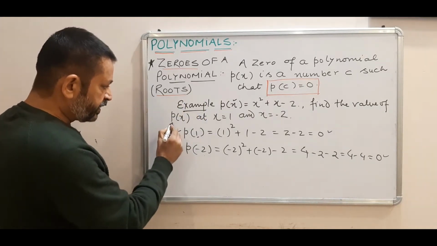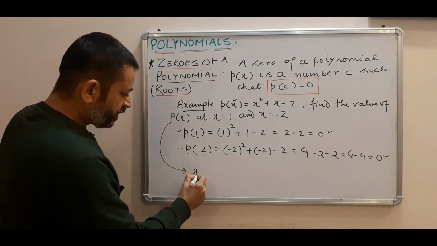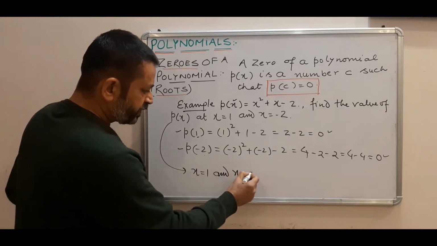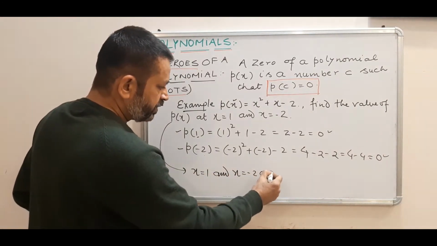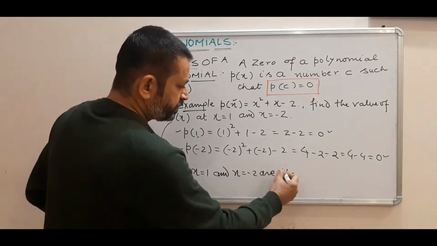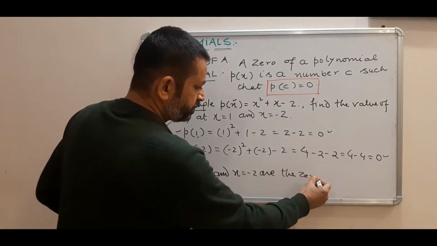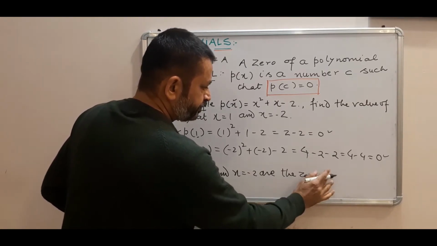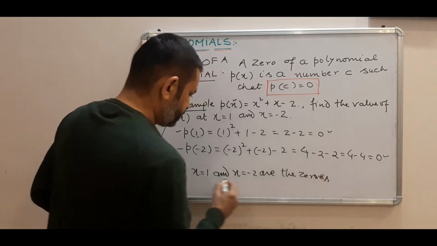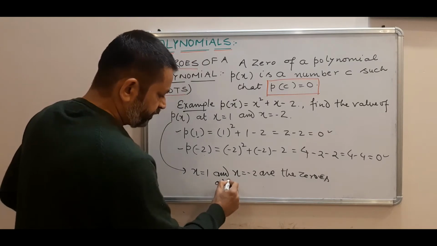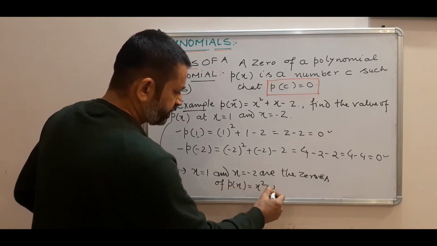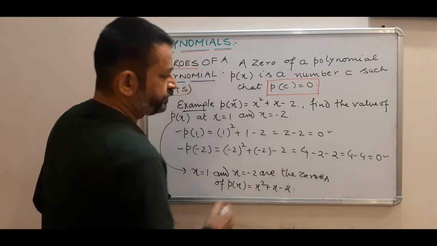So here in this case x is equal to 1 and x is equal to minus 2 are the zeros of p(x) is equal to x square plus x minus 2.